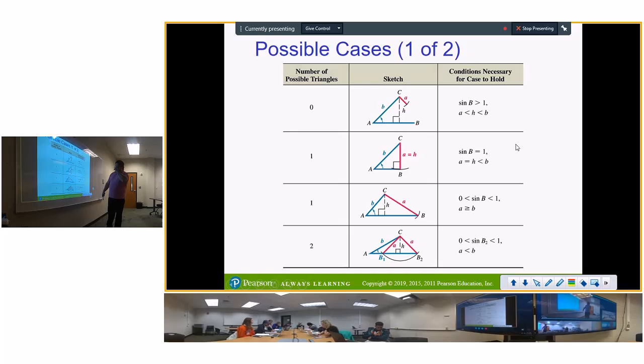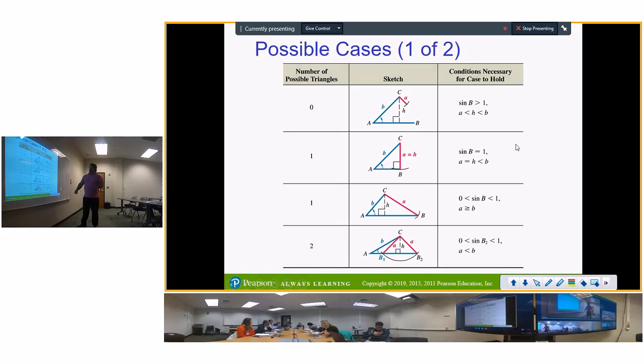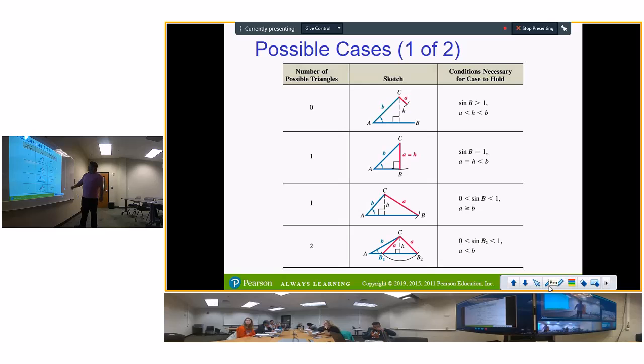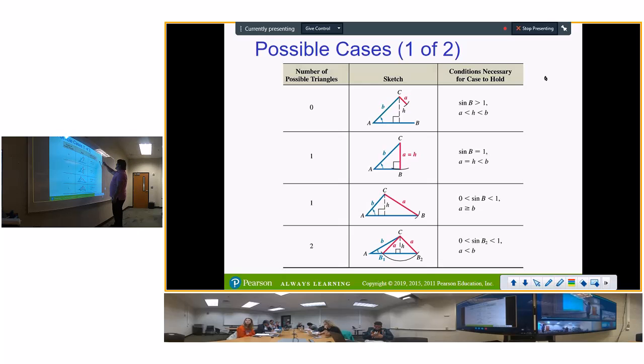Let me give you an example of this in the real world. When I go out to a piece of property and I know there is a corner right here, let's say an iron pin, and I know the plat says 100 feet, 120 feet, whatever, there should be another pin.